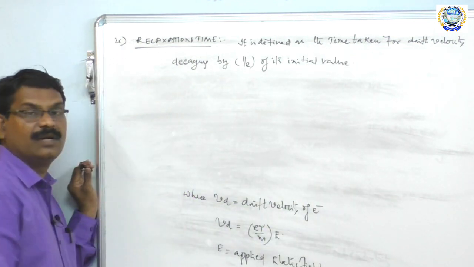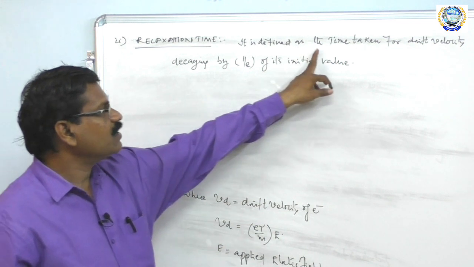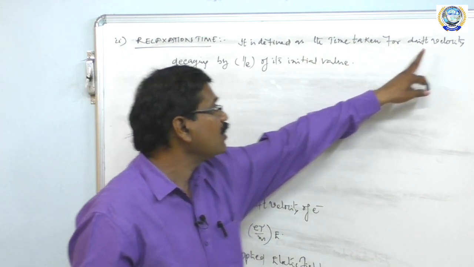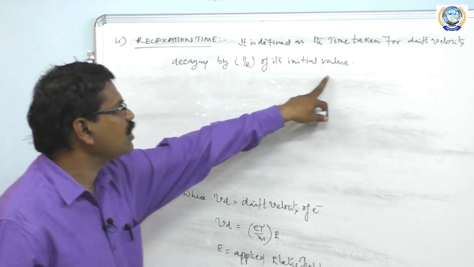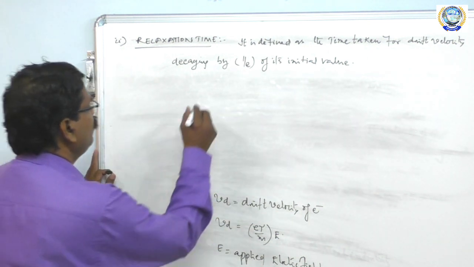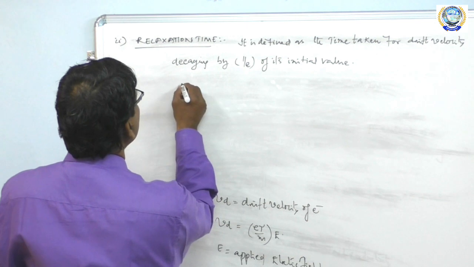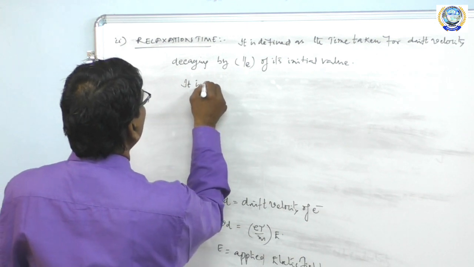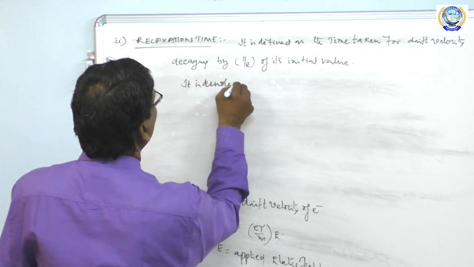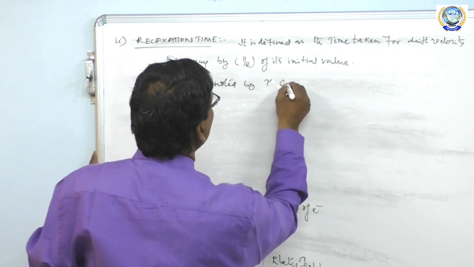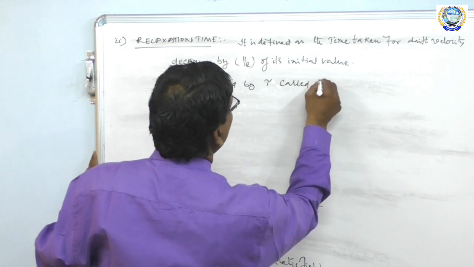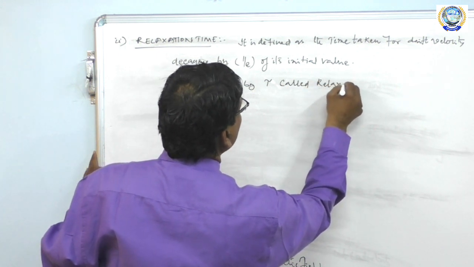Repeating once again, it is defined as the time taken for drift velocity to decay by 1 by e of its initial value. It is denoted by tau, called relaxation time.